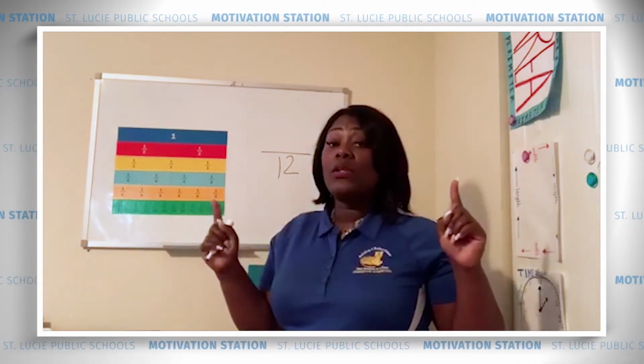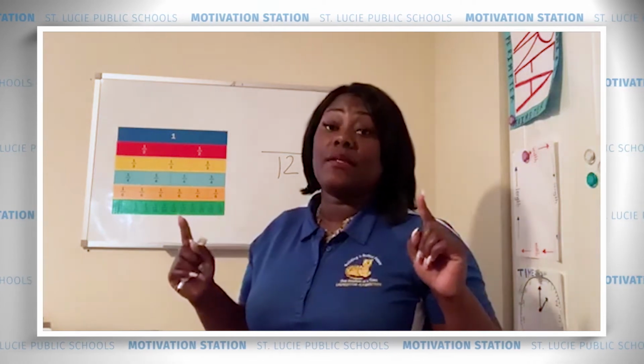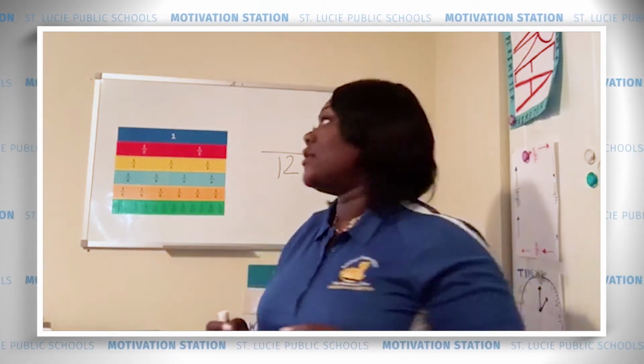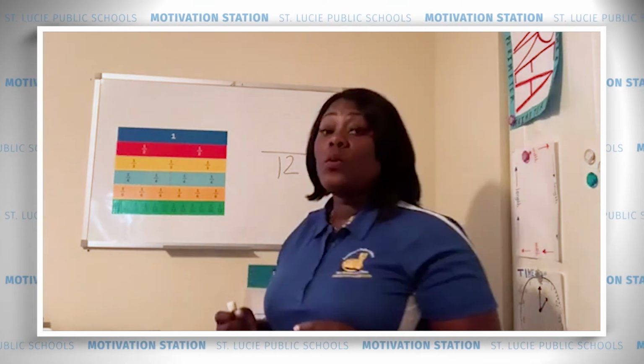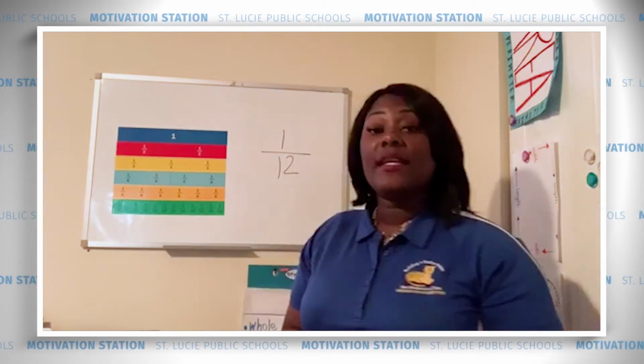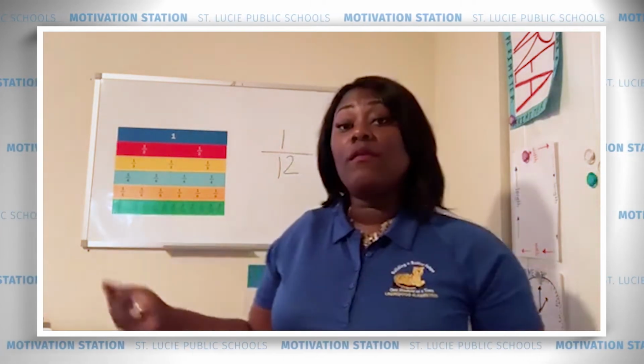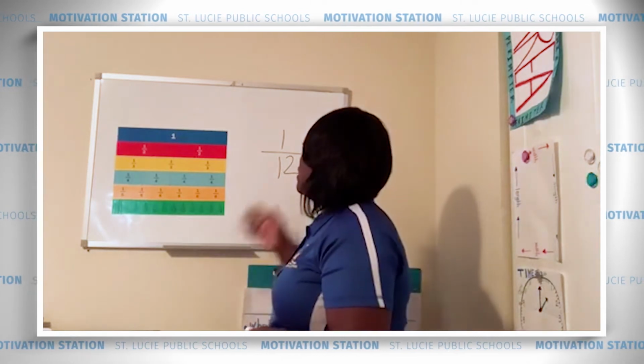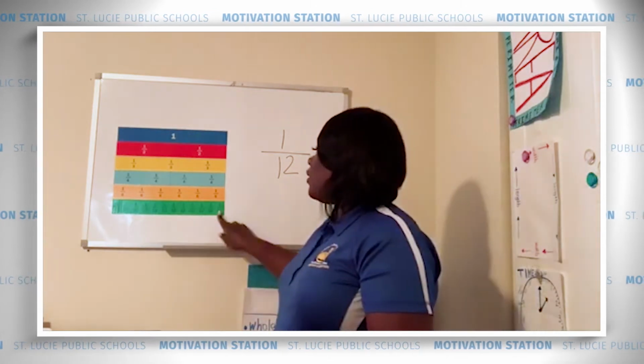The original whole is no longer parted into 6 parts. It's parted into 12 parts. So your denominator becomes a 12. And if you're looking at just one of those 12 parts, your numerator becomes a 1 because you are examining one of the 12 parts. So if you take a fraction strip or a candy bar and you part it into 12 equal-sized parts by cutting the six parts in half, you end up with 12 twelfths.